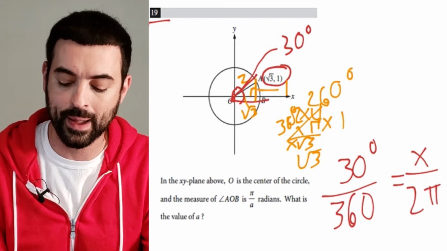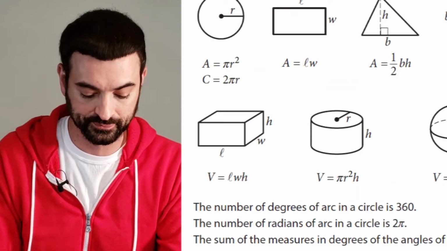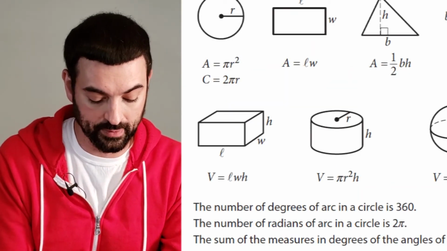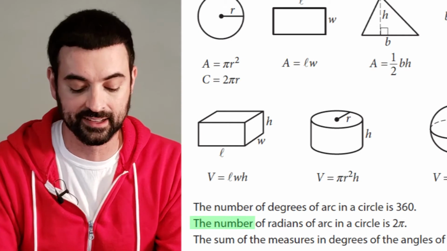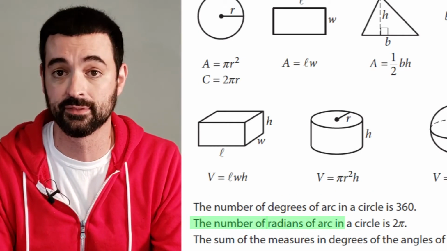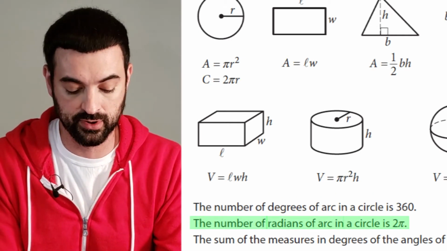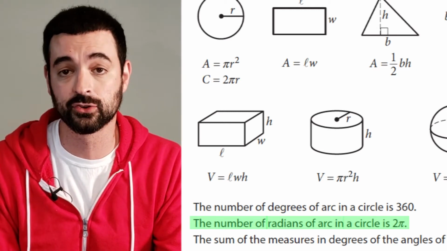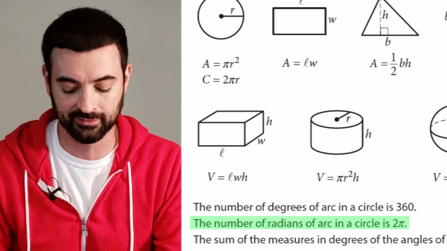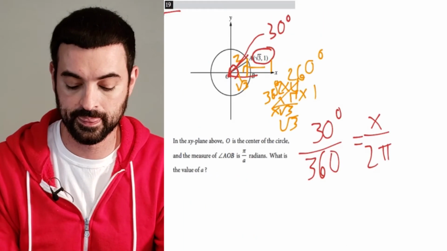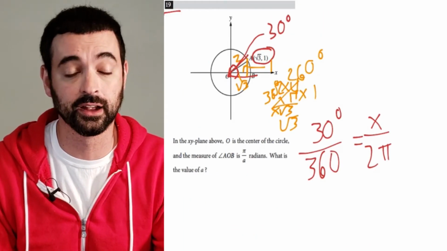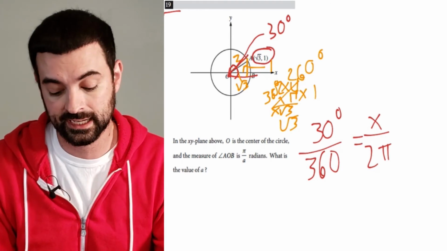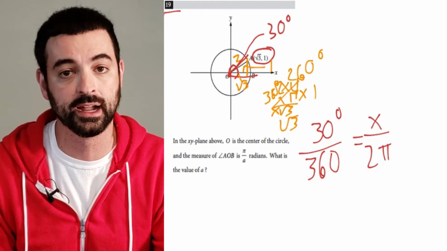That information is given to you on the front page, on the second line, along with the special triangles: the number of radians of arc in a circle is 2 pi. So 360 degrees equals 2 pi radians. So we can say that 30 over 360 is equal to x over 2 pi.